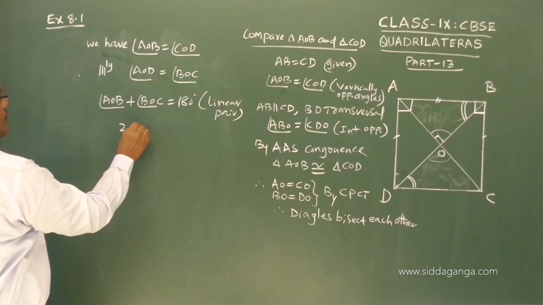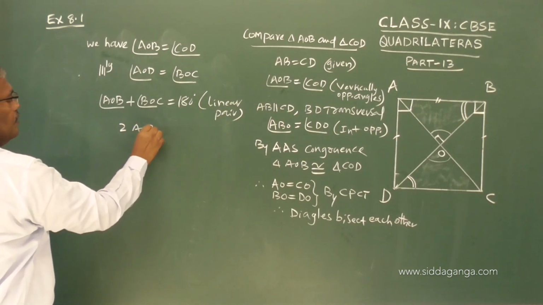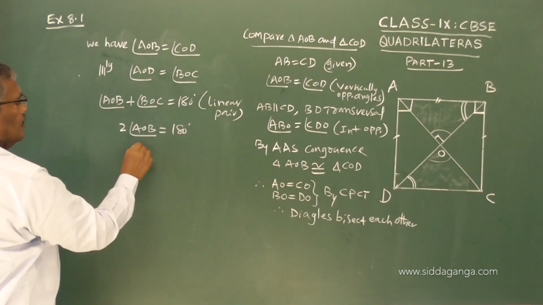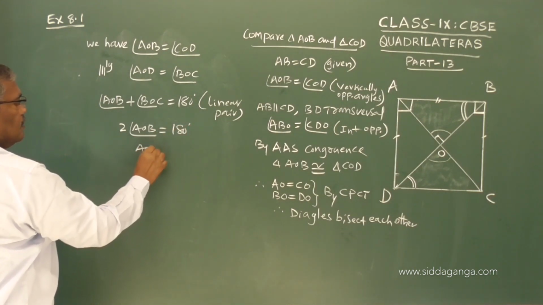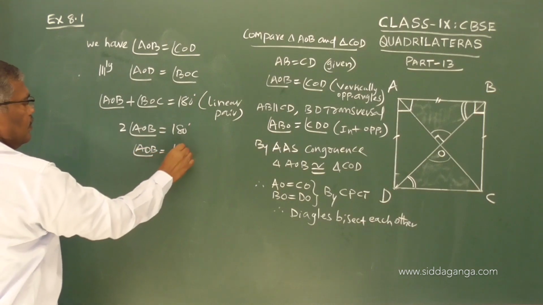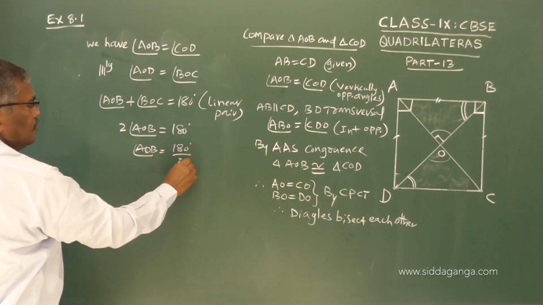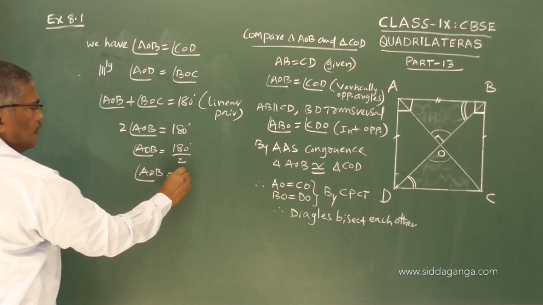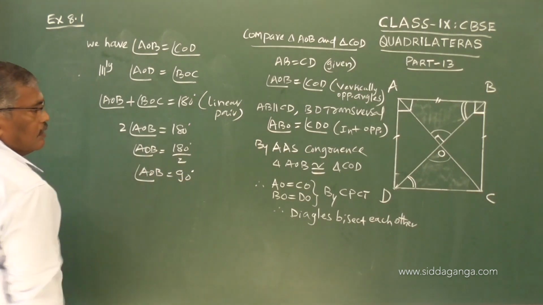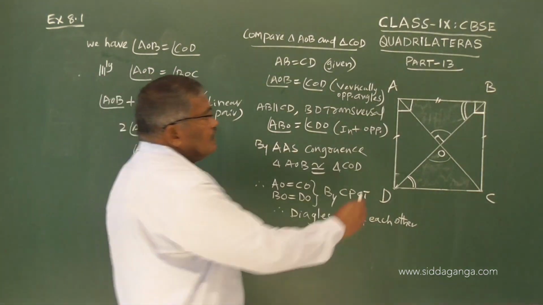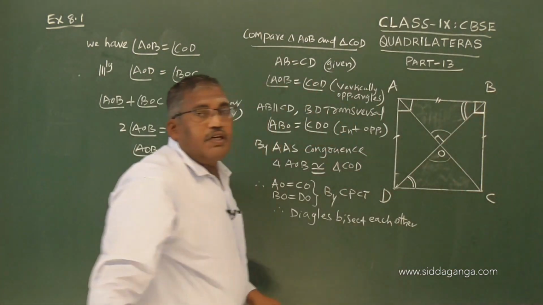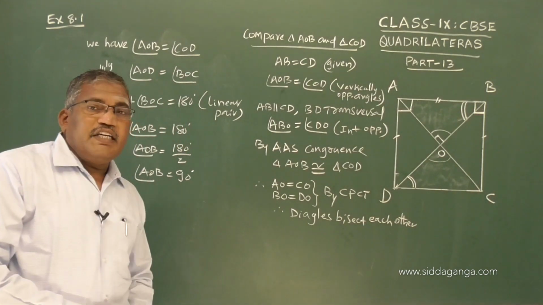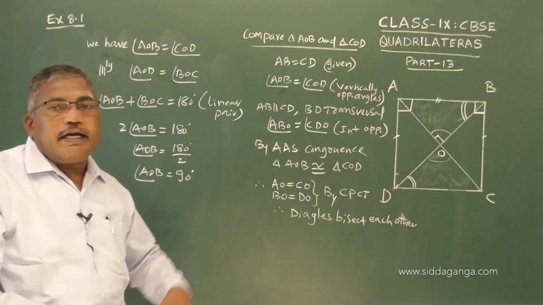Therefore, I will write 2 times AOB is equal to 180 degrees, or AOB equals 180 degrees by 2. So, AOB equals 90 degrees. So, when AOB is 90 degrees, we can say that diagonals are bisecting at right angle.